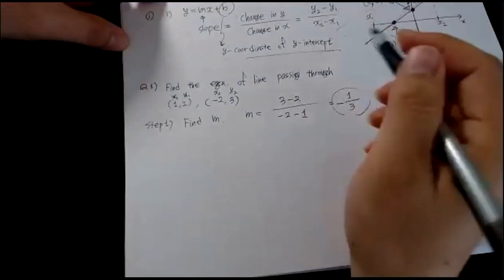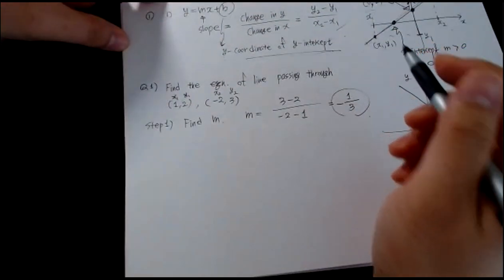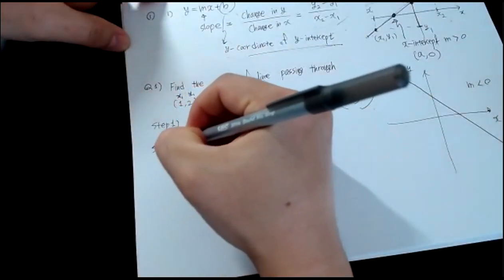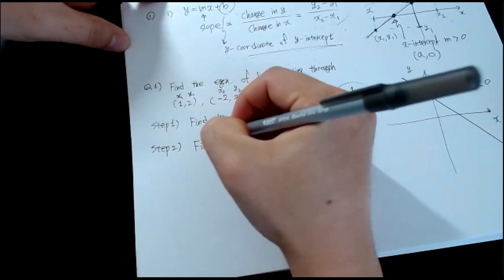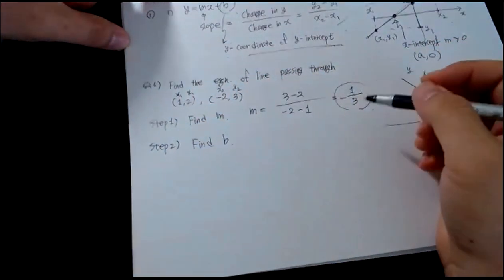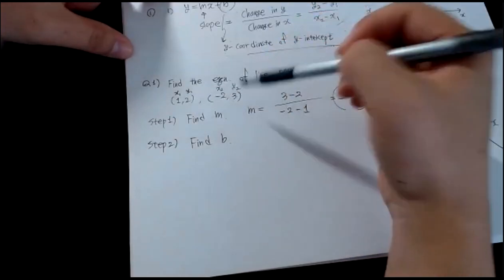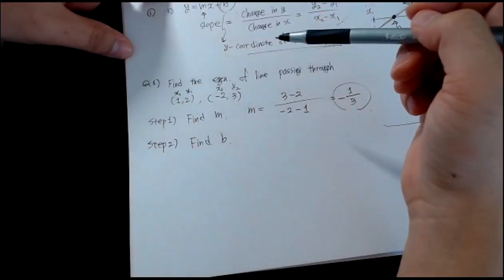All right. Now step 2, we find b. To find b, we're going to use one of the points. Why?